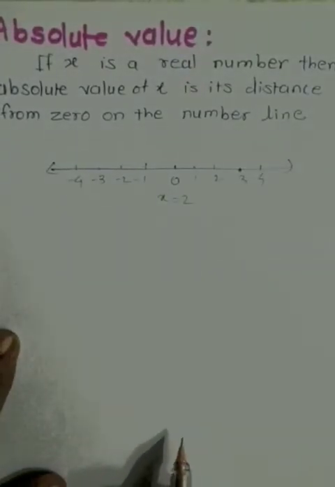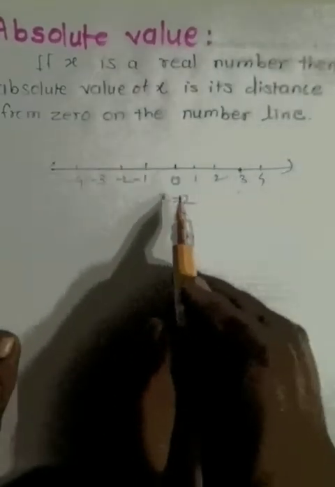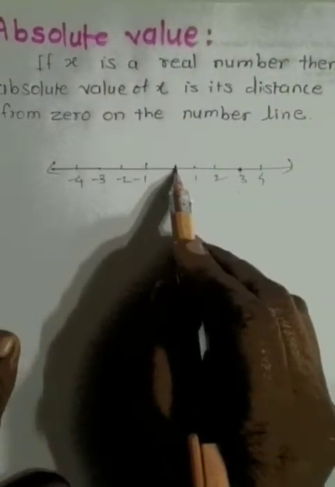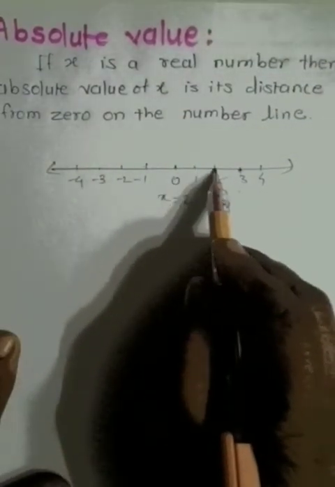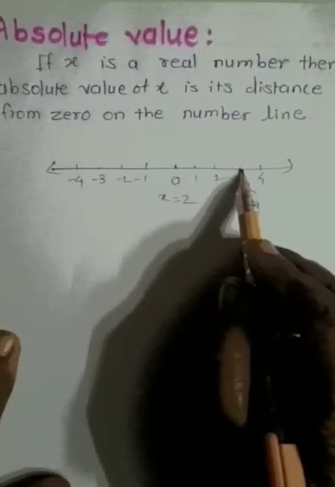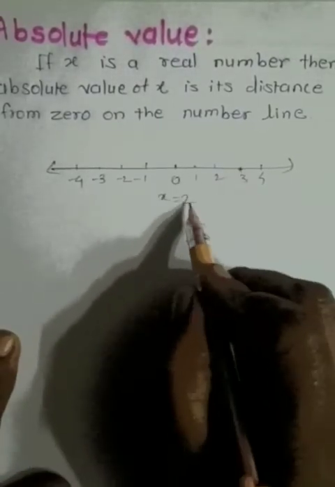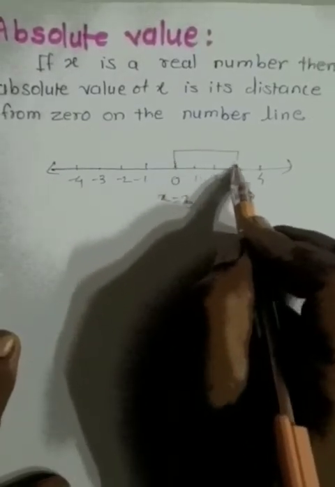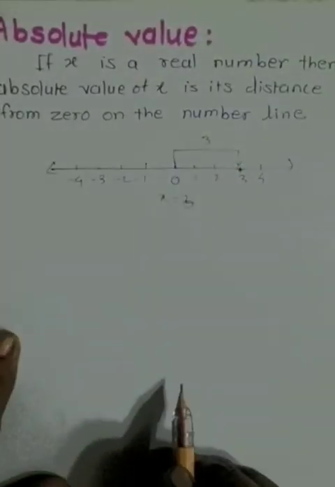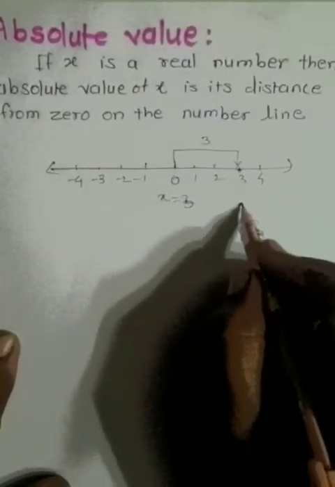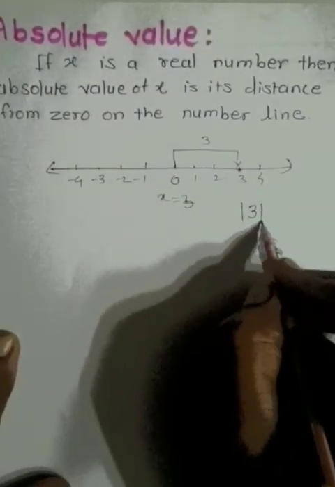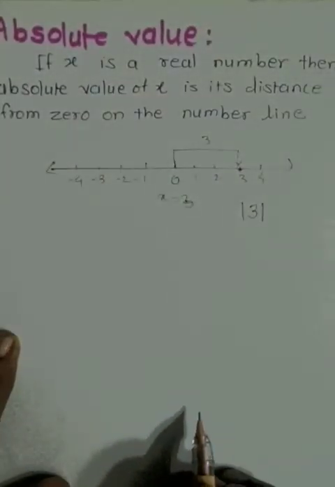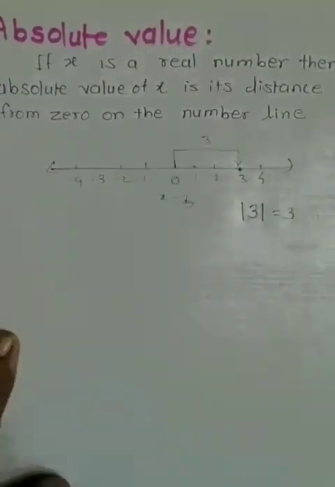Its distance from 0 is counted here: from 0 to 1 is 1 unit, 1 to 2 is 1 unit, and 2 to 3 is again 1 unit. So its distance from 0 is 3 units, and therefore it is written like this: absolute value of 3 is equal to 3.